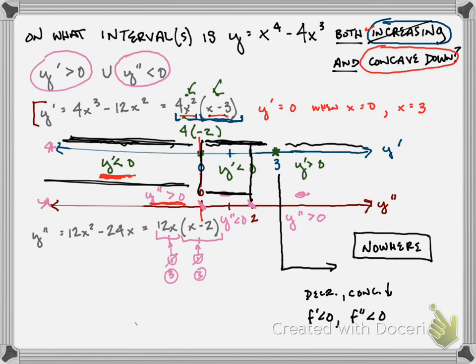We are decreasing from 2 to 3, but the problem is we're concave up, so that's out. And we are increasing from 3 to infinity, but we're concave up. So the answer to where are we decreasing and concave down would be, in interval notation, from 0 to 2, not inclusive, because at 0 there's an inflection point, and at 2 there's also an inflection point. All right, I hope that helps.